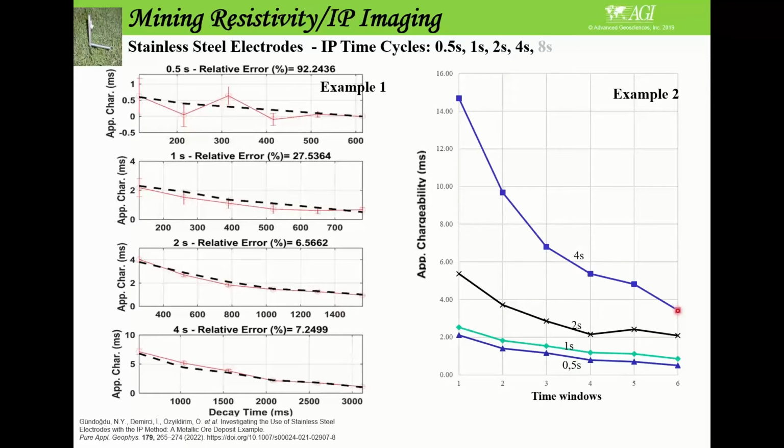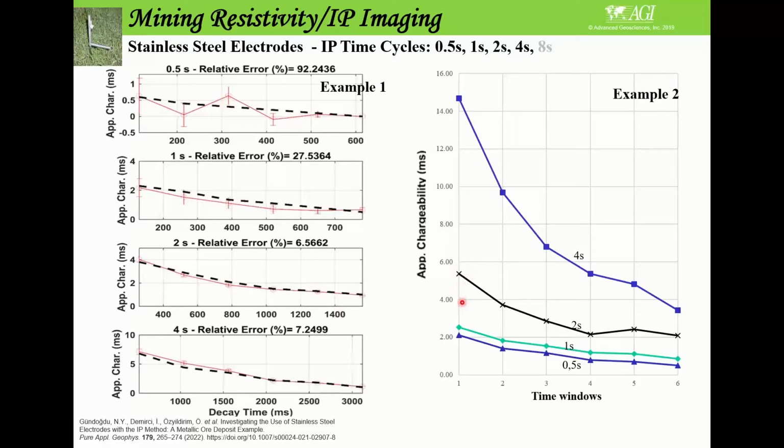So if there is no time limitation, you just go 4 seconds, or even 8 seconds, recording and stacking more and more, which gives a slightly cleaner decay. But the optimum you can generally use is 2 seconds, which works in most cases.